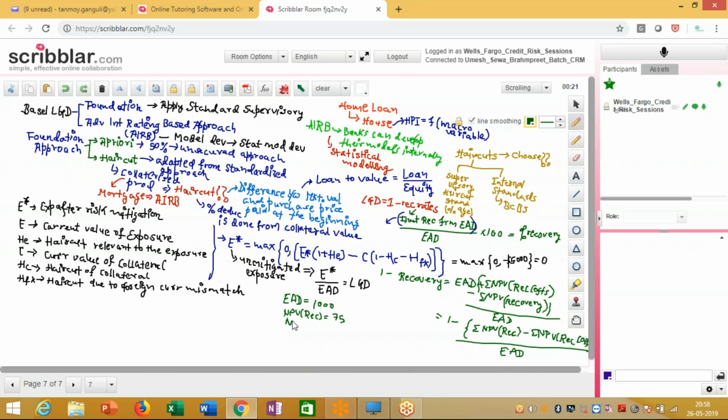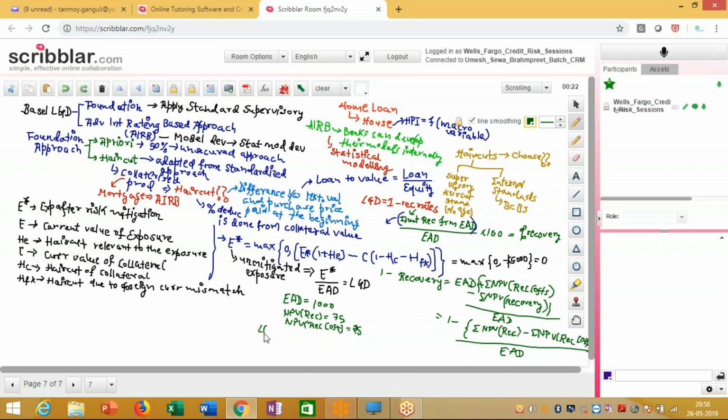And to that, I also have the net present value of the recovery cost. Let's say this is 30 or 25. So what is the loss given default?